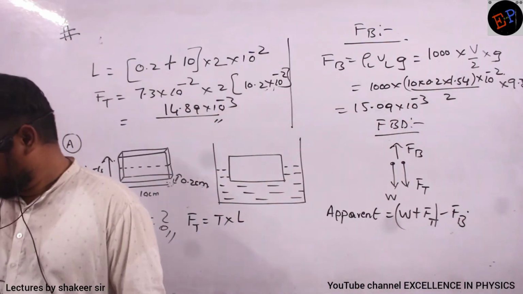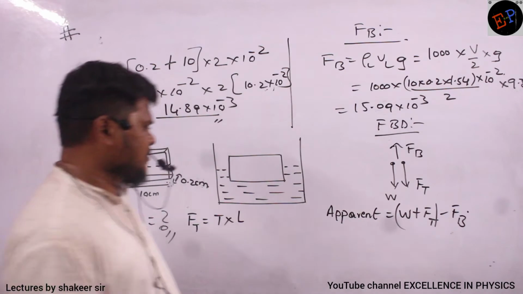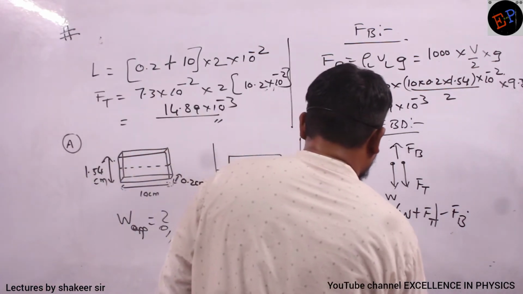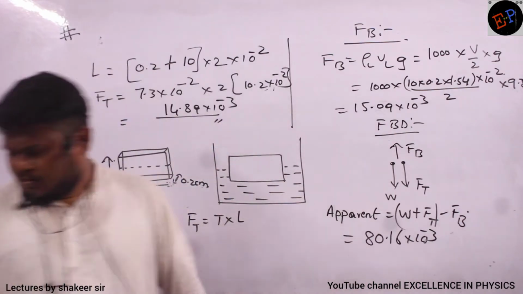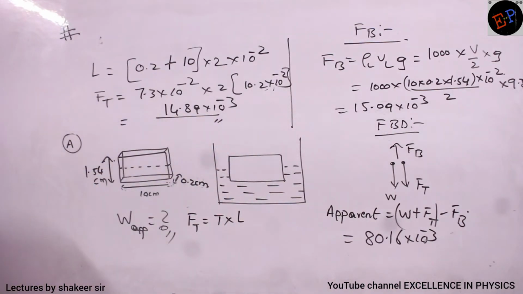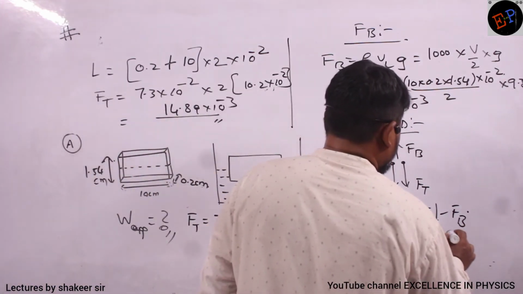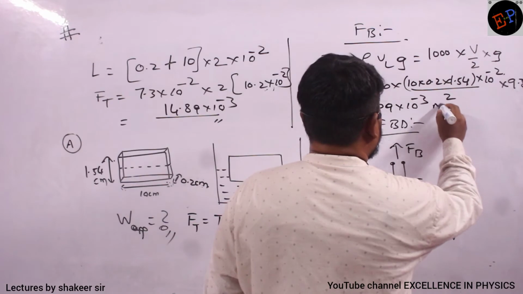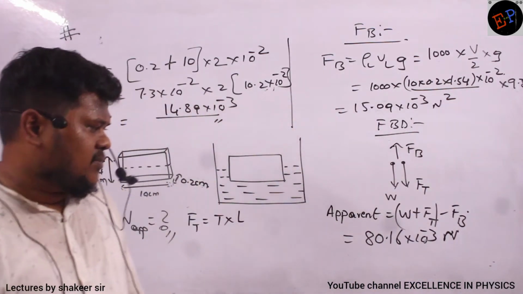So therefore the apparent weight you should get is 80.16 into 10 power minus 3 Newton. So these are the answers which you should get. Are you able to understand?